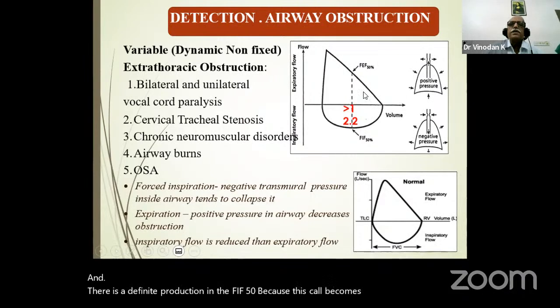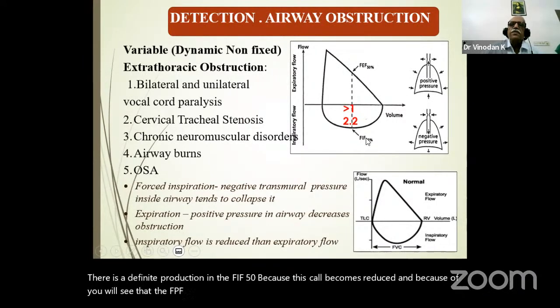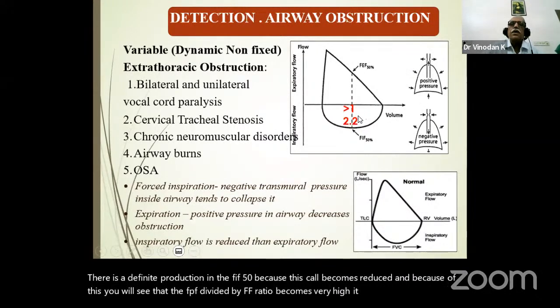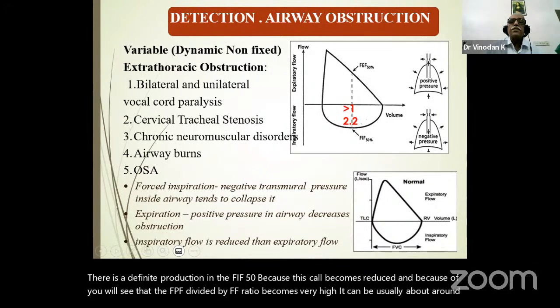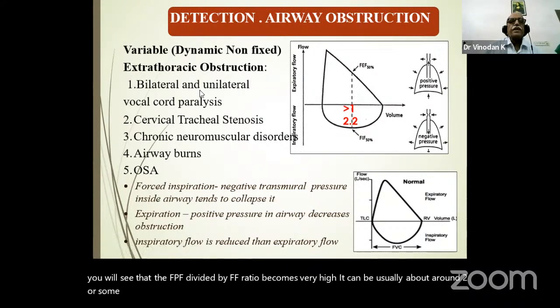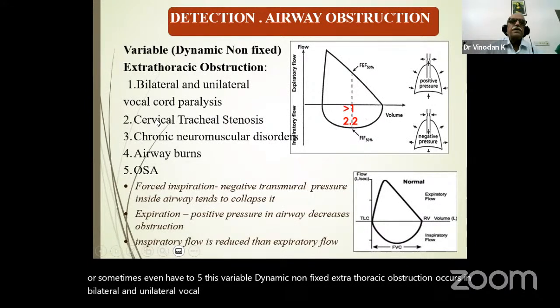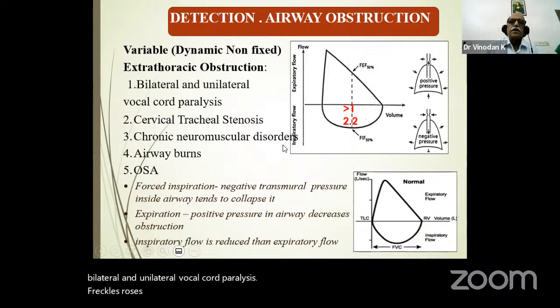And because of this, you will see that the FEF divided by FIF ratio becomes very high. It can usually be around 2 or sometimes even up to 5. This variable, dynamic, non-fixed extrathoracic obstruction occurs in bilateral and unilateral vocal cord paralysis, cervical tracheal stenosis, chronic neuromuscular disorders, airway burns, and obstructive sleep apnea.